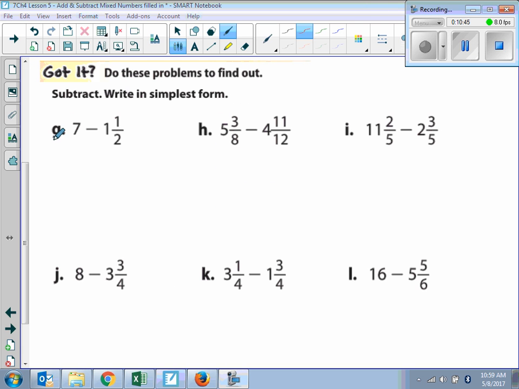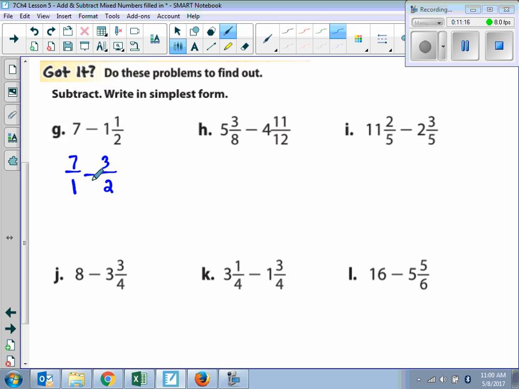Right. So example G, we have 7 minus 1 and 1/2. Here, I'm going to change these to improper fractions. With the 7, all I have to do is put that over 1, right? So this is going to be 7 over 1 minus 1 and 1/2, which becomes 3/2, right?